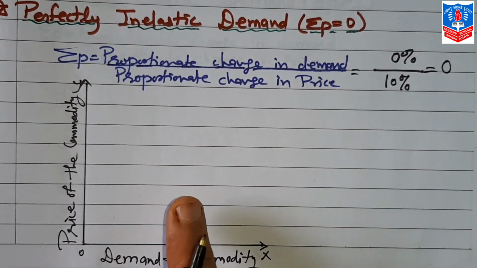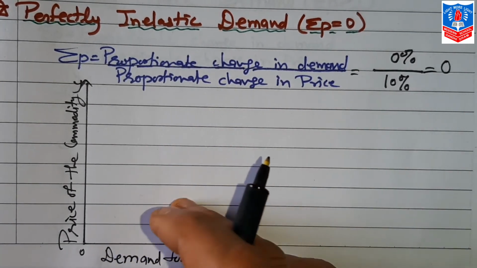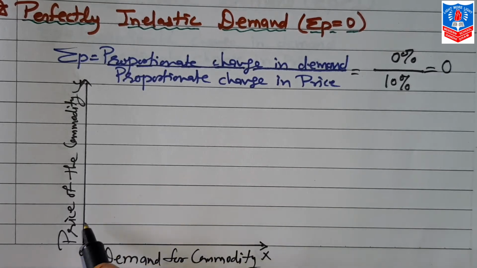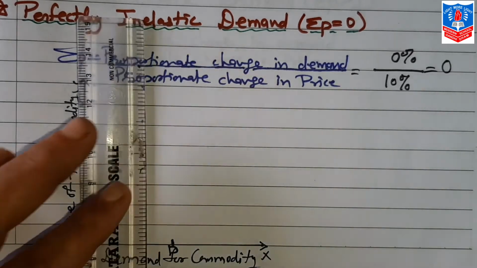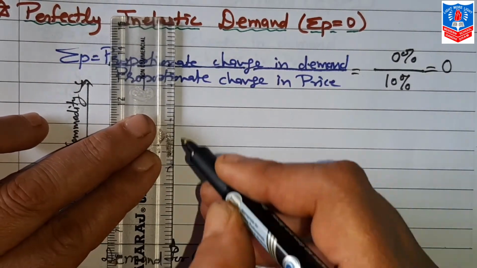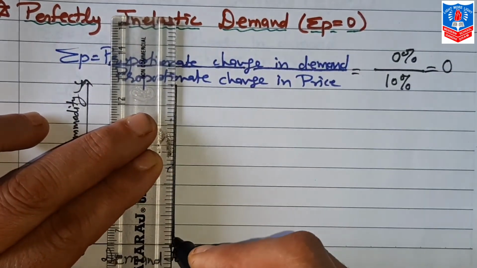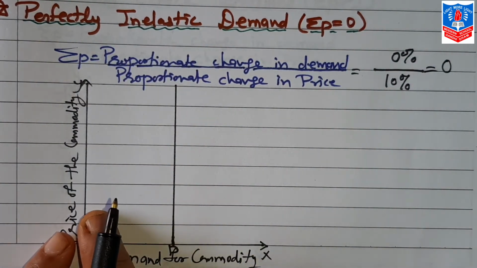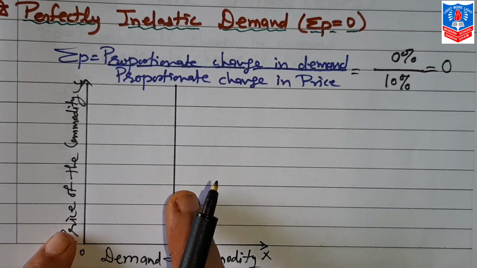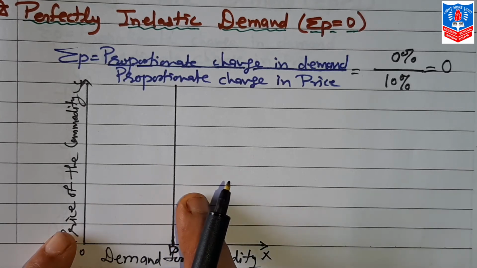Now this we show on the diagram. Here you can see that whatever the price, the demand is constant, that is D, and the curve will be parallel to the y-axis and of course vertical. Why?